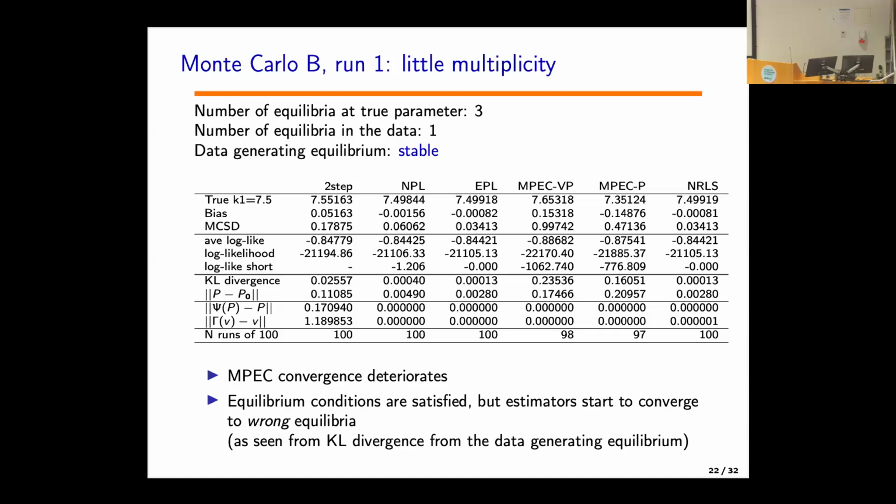MPEC convergence. Already here, with only 3 equilibria, it seems like it's not converging every time. And when it converges, look at these differences in the likelihood shortfall. It's significant, right?